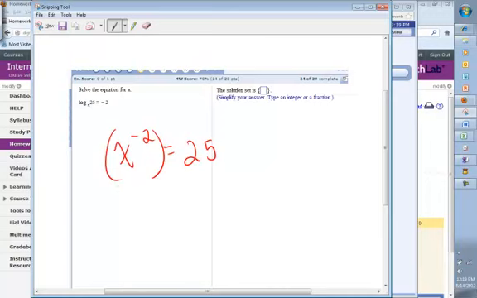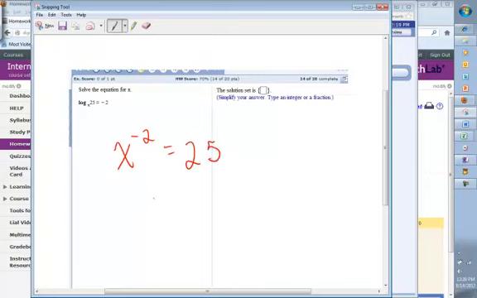We want to get the x all alone, so let's write it as 1 over x. In other words, take the reciprocal of the left side so that the power is in the denominator. No, let's do it the other way around. Okay, so we have x to the negative 2nd is 25.